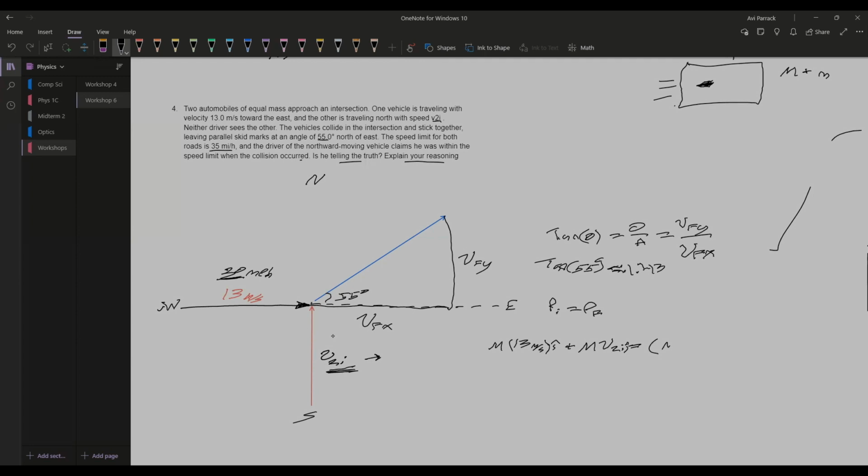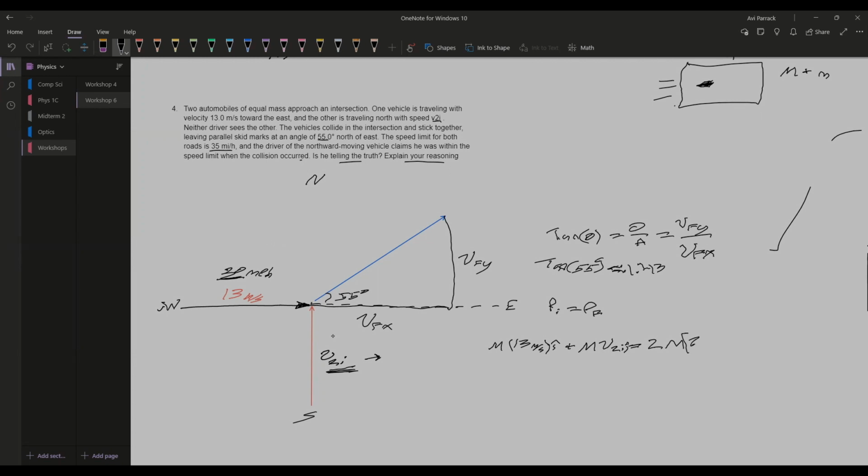And that needs to be equal to the final momentum. They stick together, so this is m plus m, their combined mass. Do you guys mind if I just say 2m? m plus m, 2m, 2 times m, times the velocity that is the combination of VF.